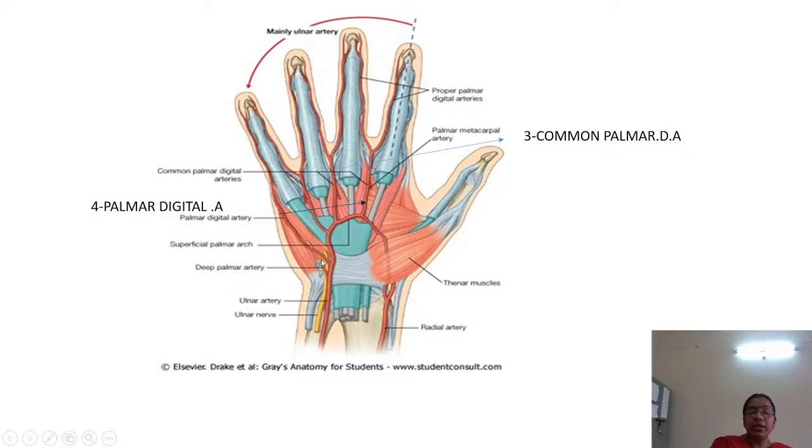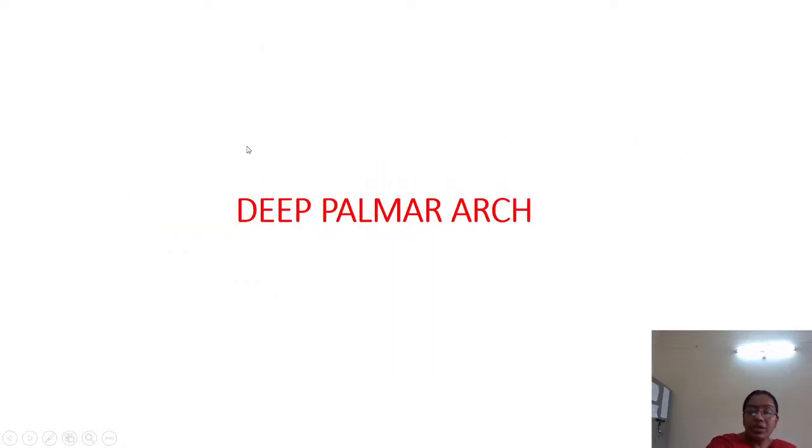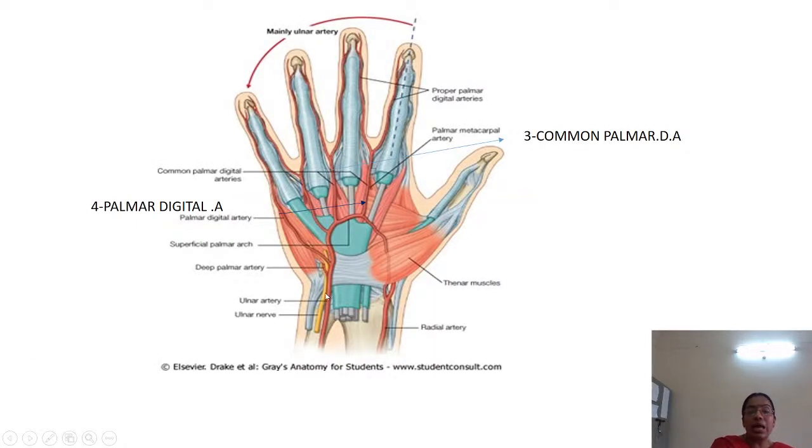The convexity of the superficial palmar arch gives four palmar digital arteries: 1, 2, 3 and 4. The digital artery towards the medial, ulnar side passes along the ulnar side of the little finger. That is the first palmar digital artery.